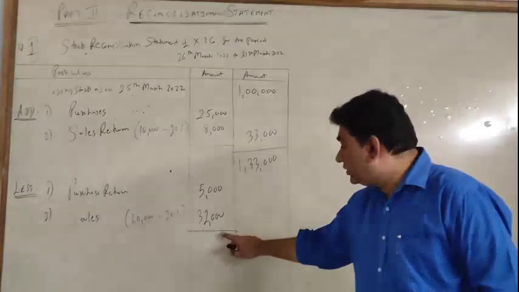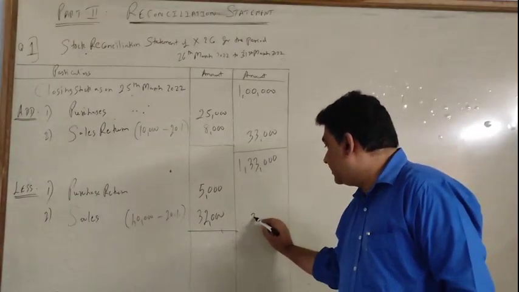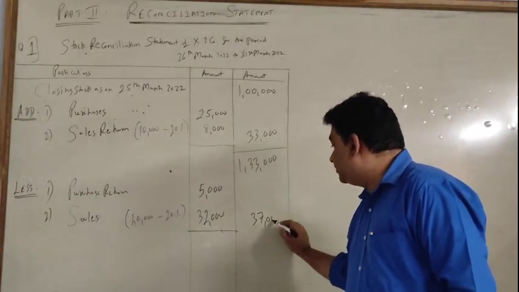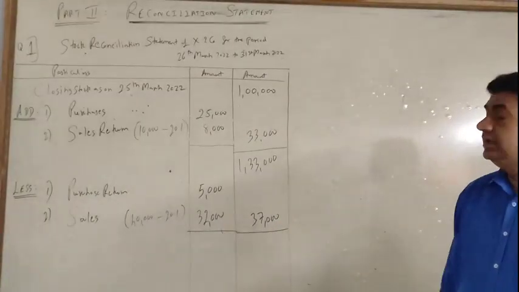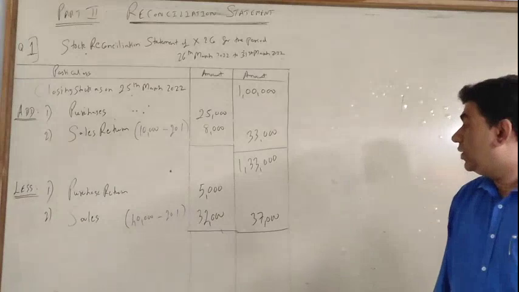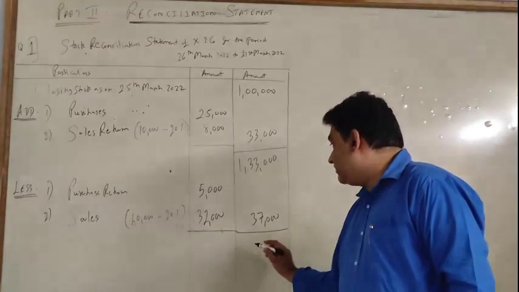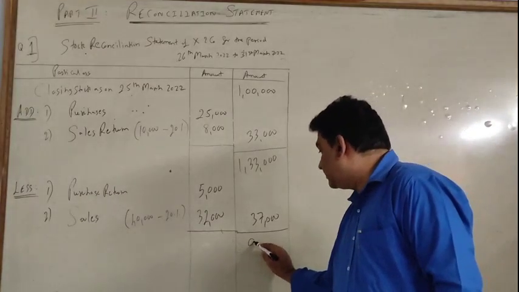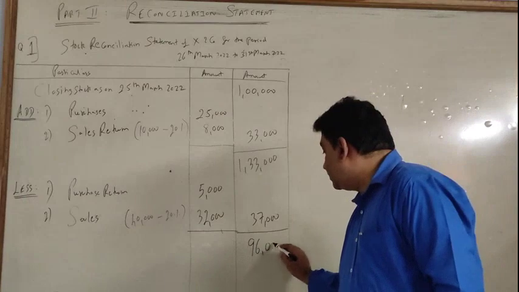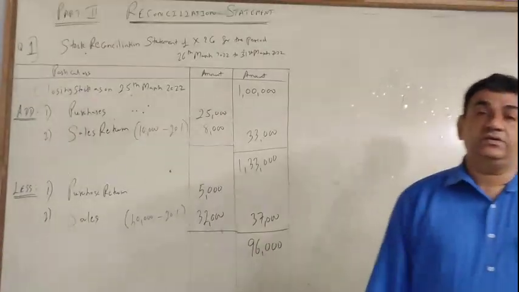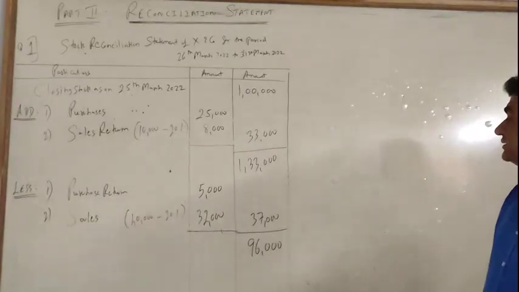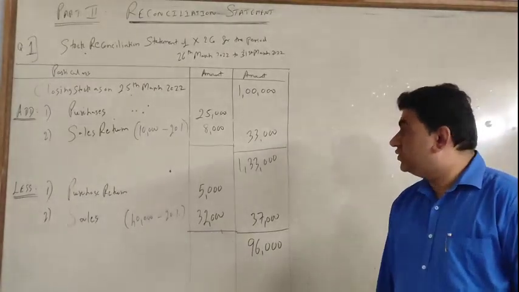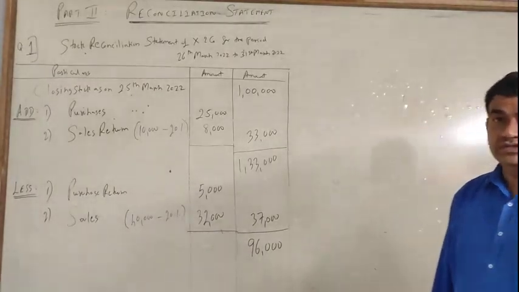Now take the total. 5 plus 32, 37. And now take the final total. 133 minus 37 gives you 96,000.